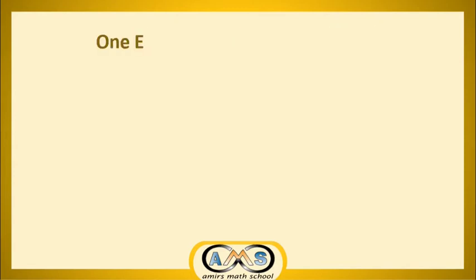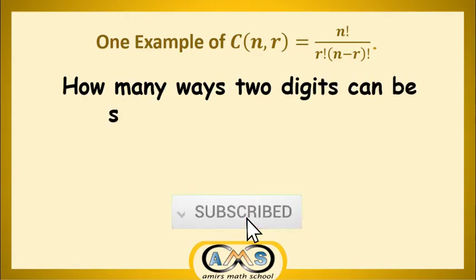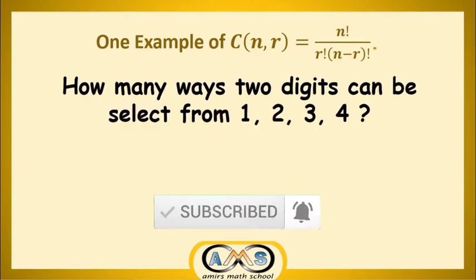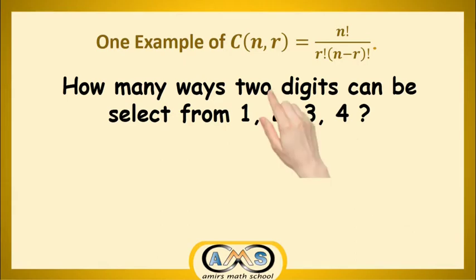Now let's see one example of this formula, C(n, r) equals n factorial divided by r factorial multiplied by n minus r factorial. How many ways can two digits be selected from 1, 2, 3, 4? So we have 4 digits, that is the value of n, and we have to select 2 digits, which is the value of r. So here the value of n is 4 and the value of r is 2.